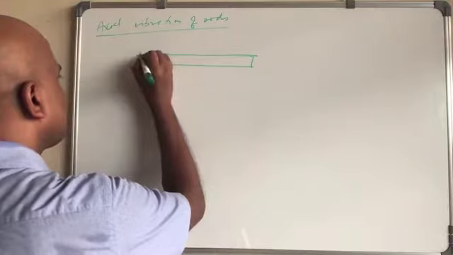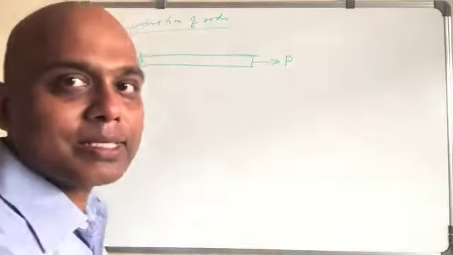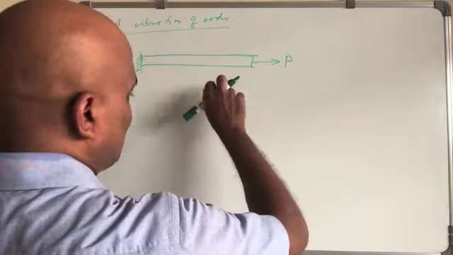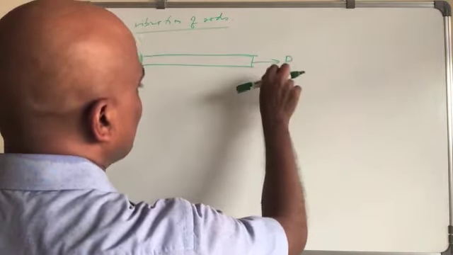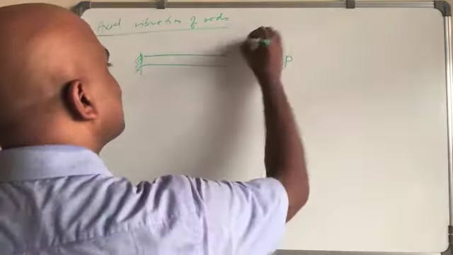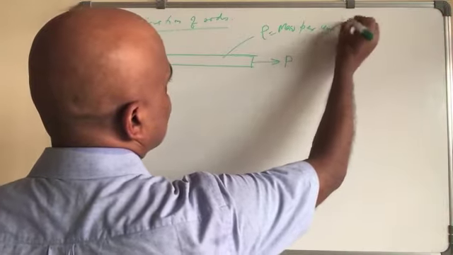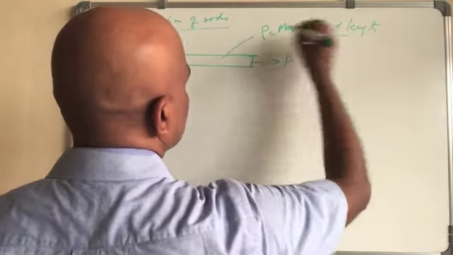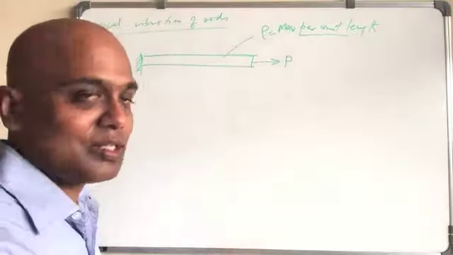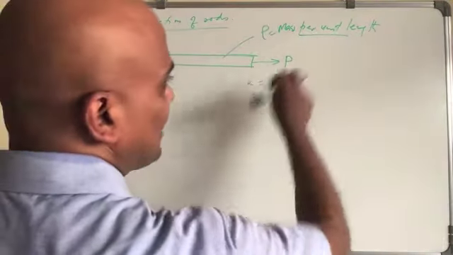There may be a bar like this one, and you have an axial force like this, the axial force P. You have done the static analysis, but the idea here is that this also has a mass rho, so mass per unit length is given. It has mass now. And you know that axially it has a stiffness, K equal to EA over L.